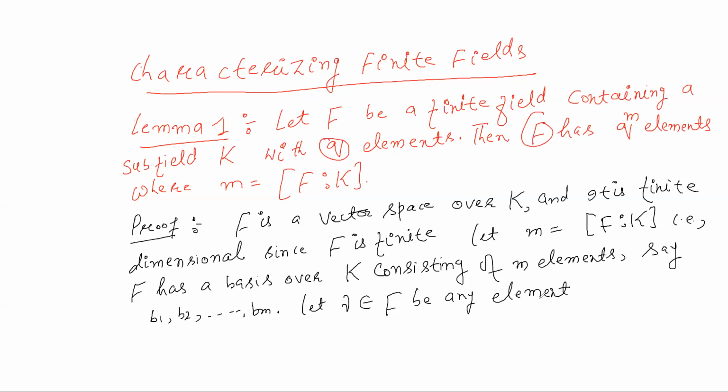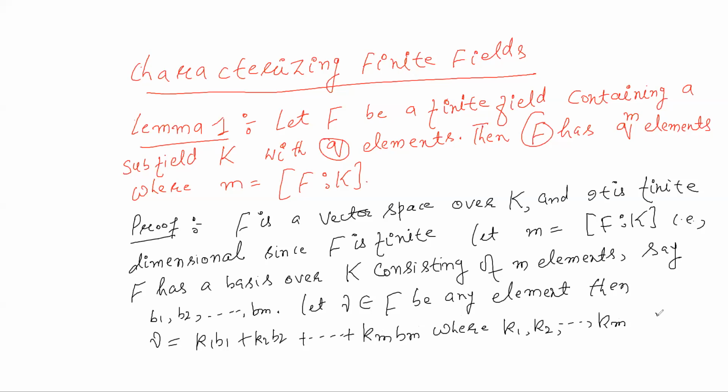So you can write v as a linear combination of these basis elements. So then v is going to be k1 b1 plus k2 b2 plus so on plus km bm, where k1, k2, so on, km are in K.